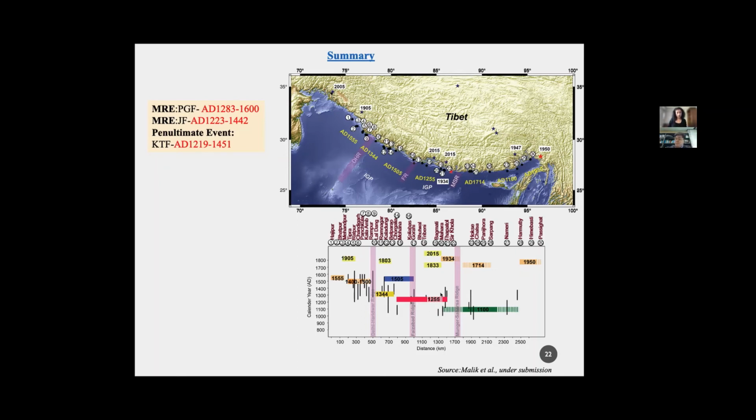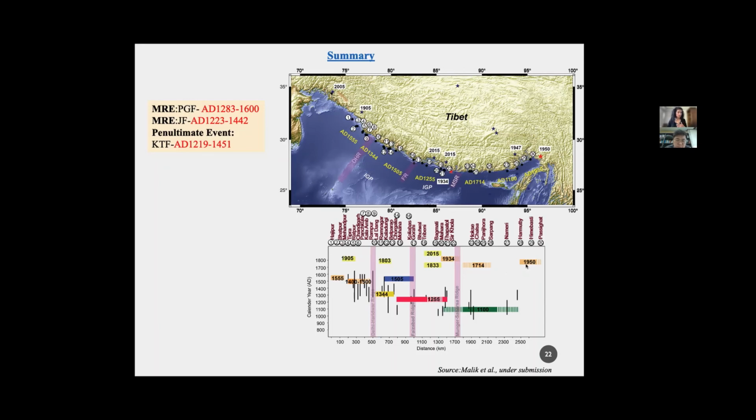So there is a westward migration of earthquakes. Also, we can see that there is a seismic quiescence in this area during 1400 AD, and then after 1400 AD, we directly have 20th century earthquakes which ruptured the Himalayan frontal thrust.